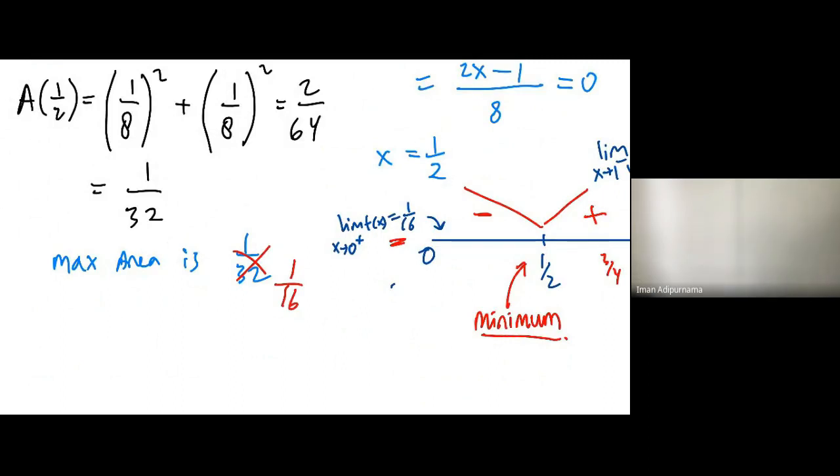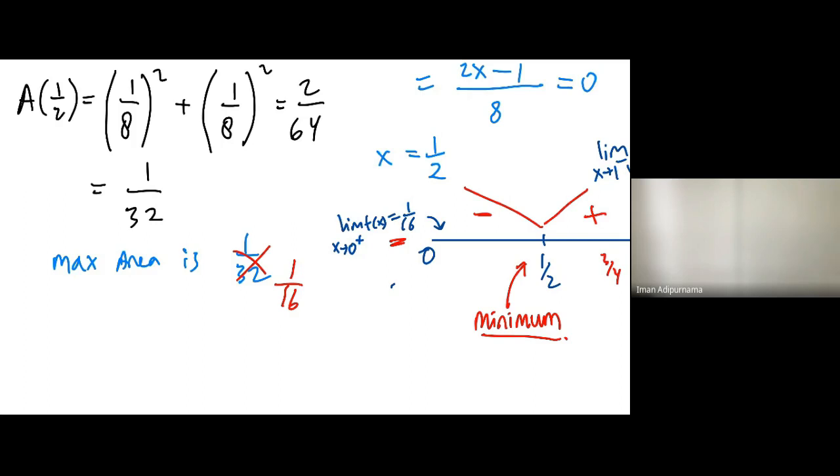But of course, if you apply this in the real world, it's not really happening, because you are actually cutting 0 wire or almost 0 wire and making it the bigger one. Of course, it will be 1 over 16, right? So it seems not possible, but in terms of limits, it might be possible. So the maximum area will be 1 over 16.